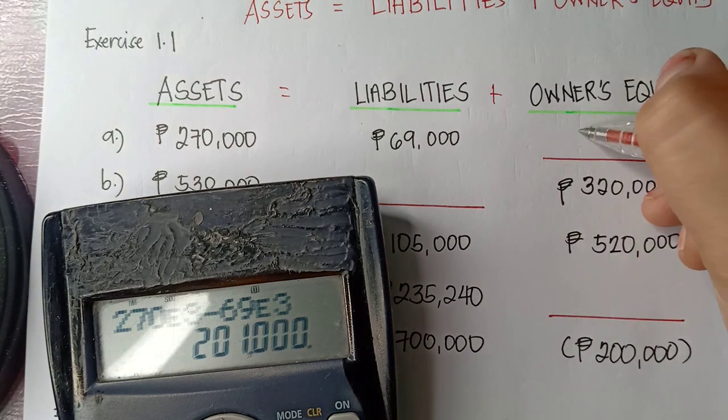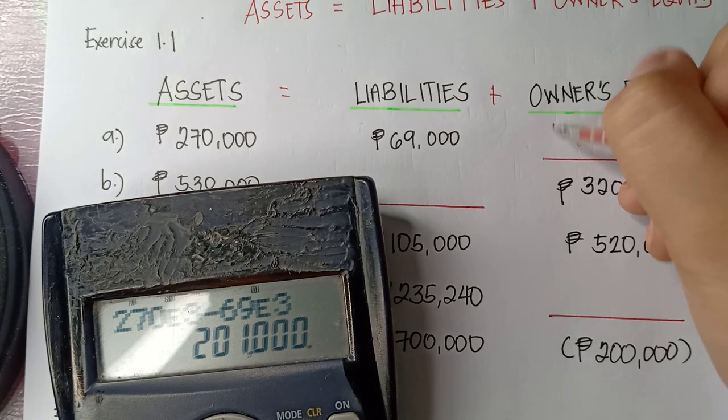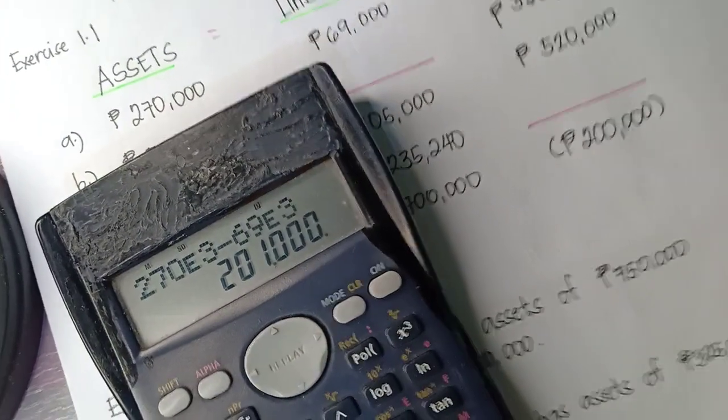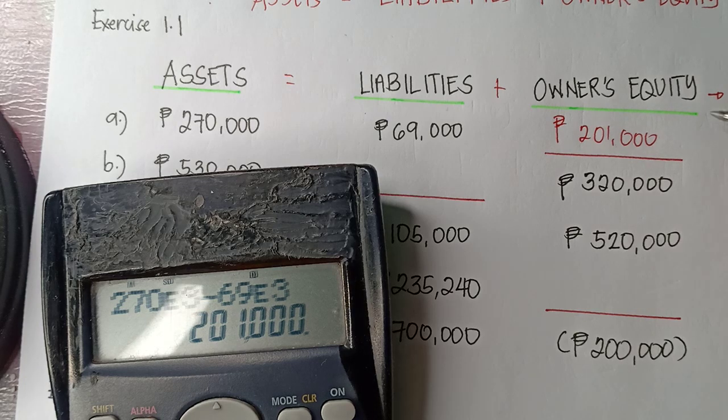So we have 201,000 pesos. So what we did here to find the owner's equity is assets minus liabilities. Did you get it, class? Assets minus liabilities. Let me repeat: assets minus liabilities.